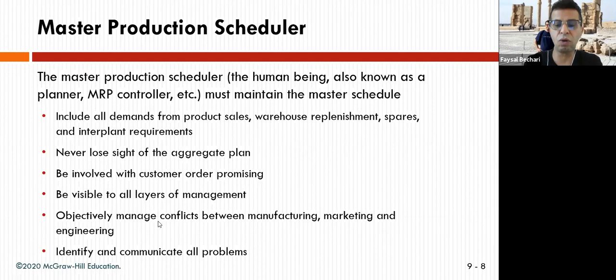There is always some kind of disagreement about when to produce it, what quality to produce it, or whether the salesperson can promise the customers. This makes it easy for managers to manage these conflicts, and to identify and communicate all the problems, so it's clear what the problem is and they can fix it right away.